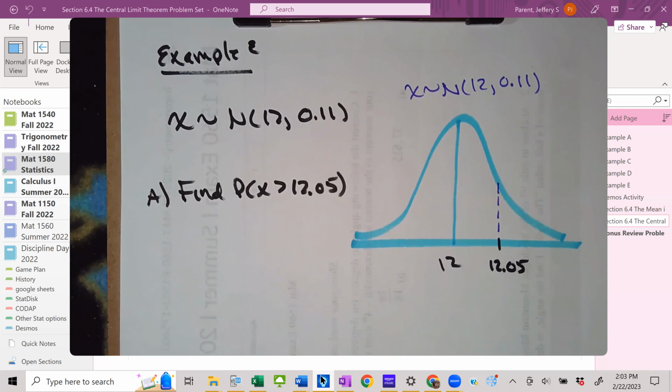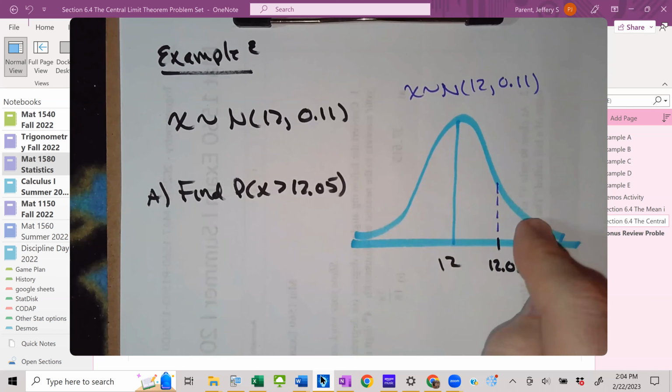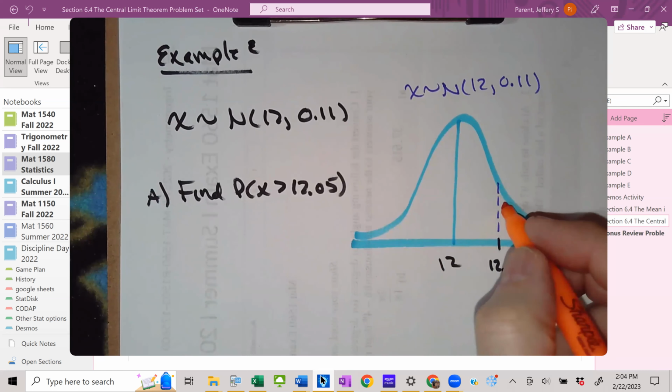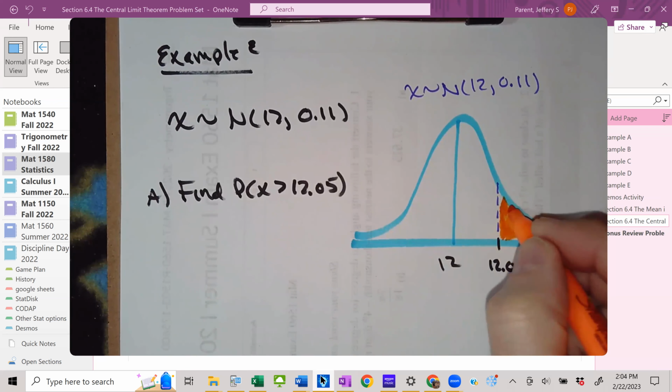Which region of this graph am I going to shade, to the right or to the left? Which one corresponds to the area or the probability that X is greater than 12.05? To the right or to the left? You're right. To the right. So I want to shade this. This is what I was looking for on one of your problems from the last test, for you to do this kind of shading.